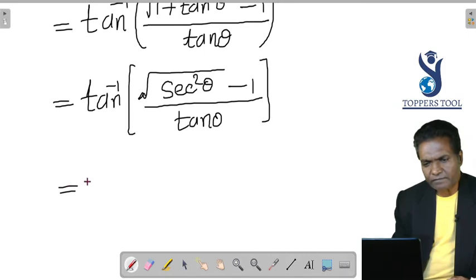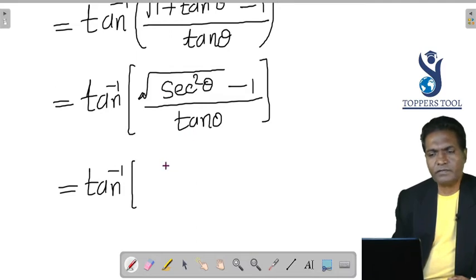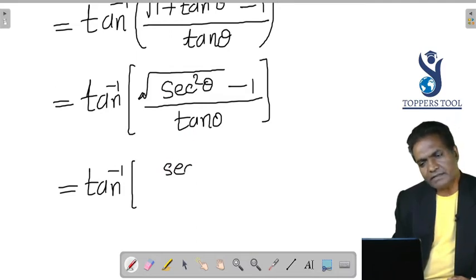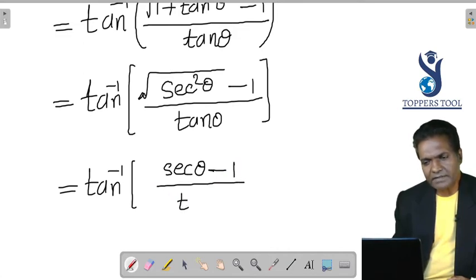Now further, tan inverse of square root of secant square theta, which is just sec theta, since square root and square cancel, minus 1, by tan theta.